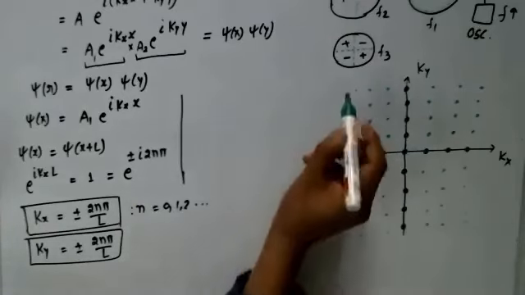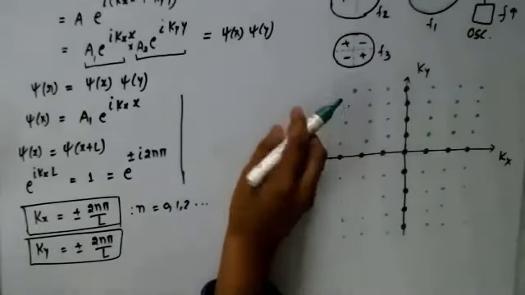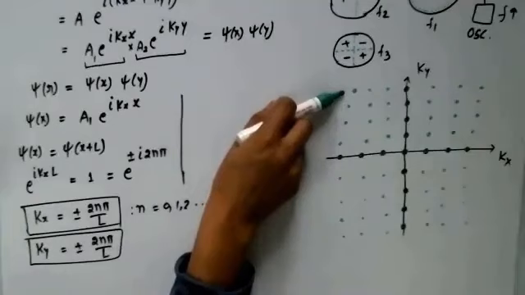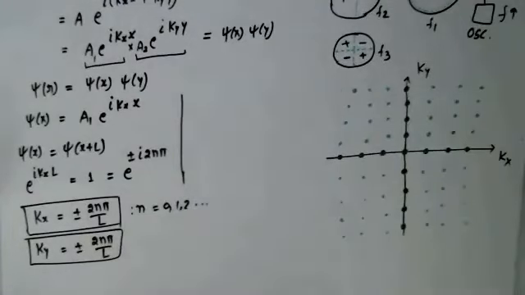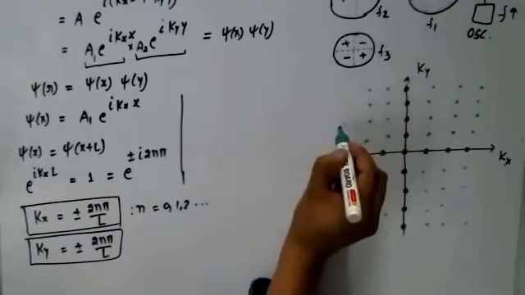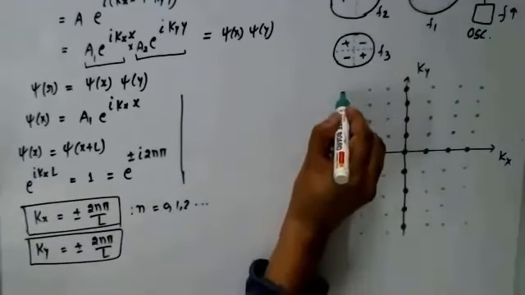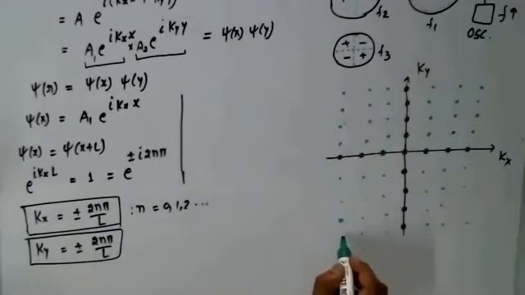And remember, each point here represents one quantum state. So you have so many quantum states here.